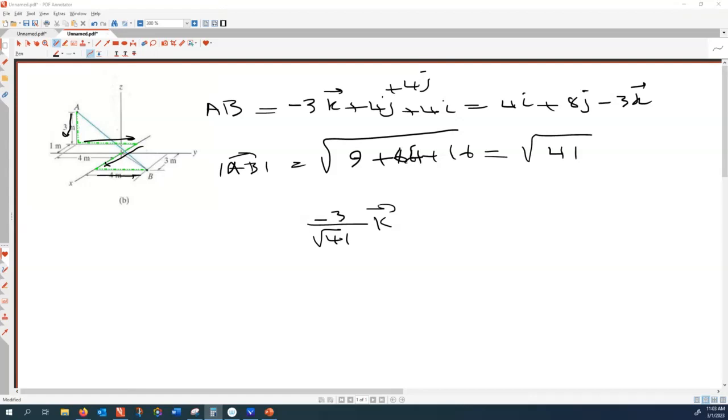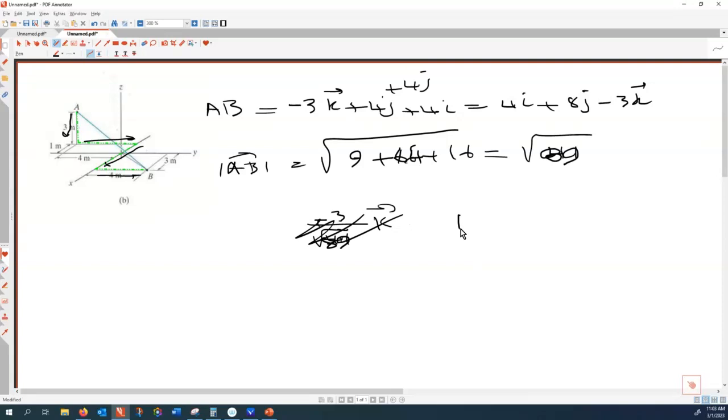So that is 64 plus 16 plus 9, 89. Still, that's not a perfect root, 89. I think we keep it as it is.